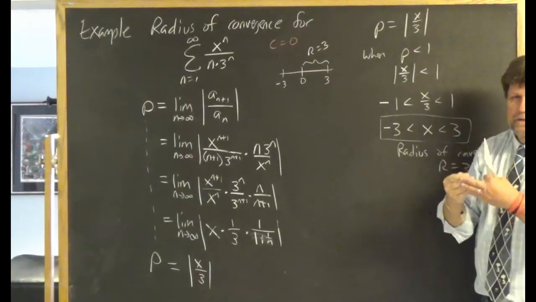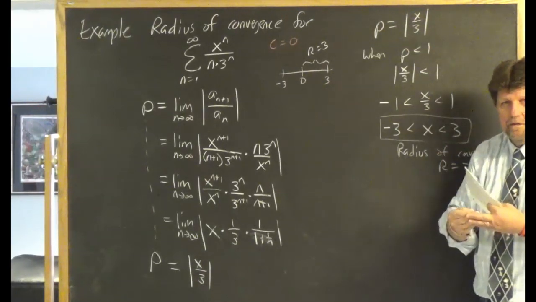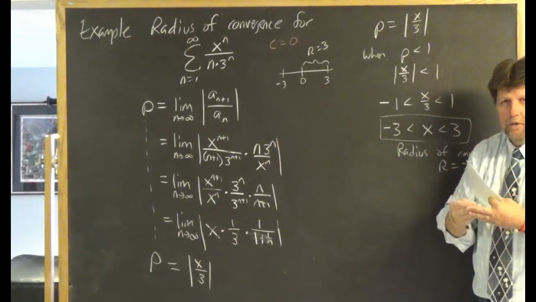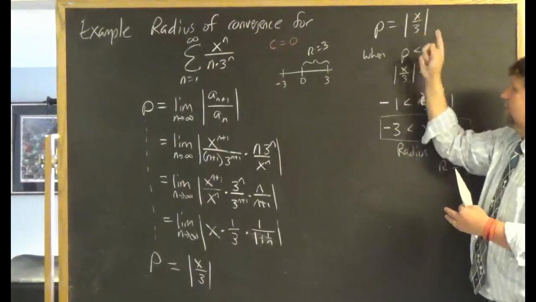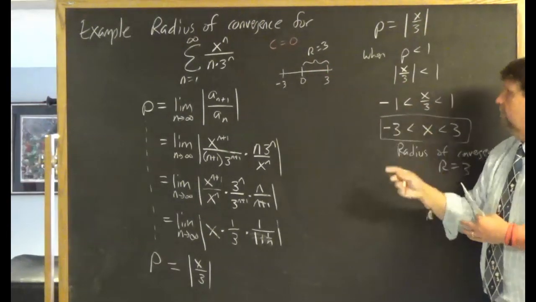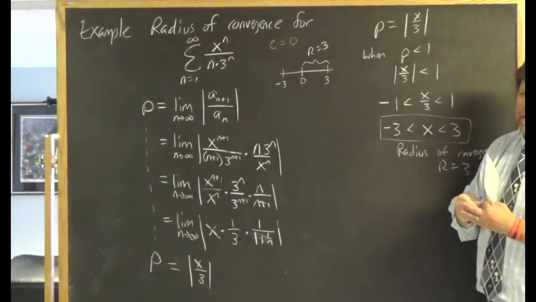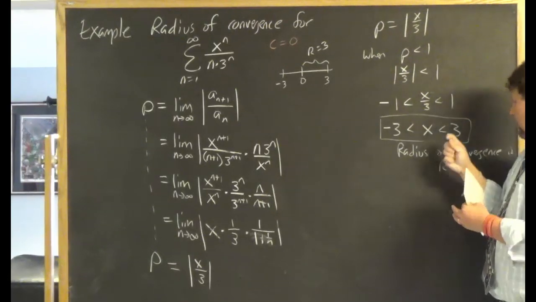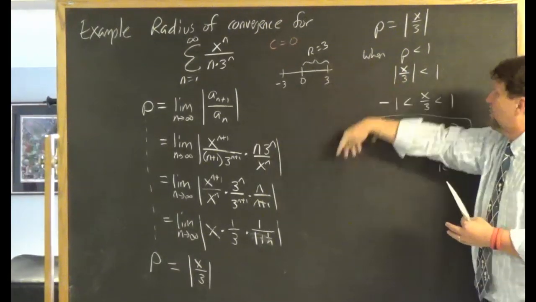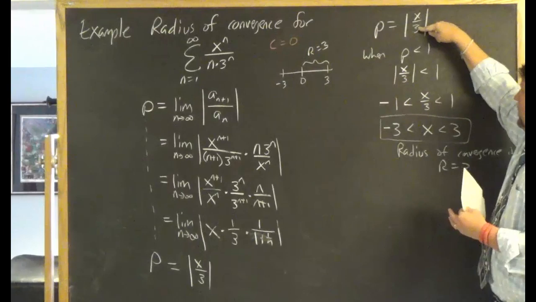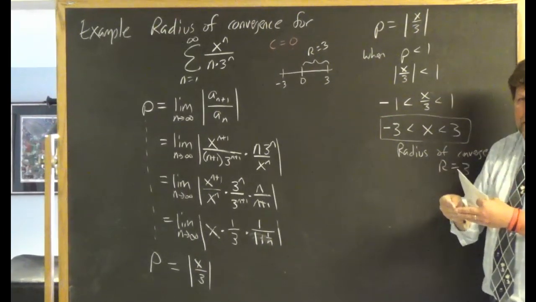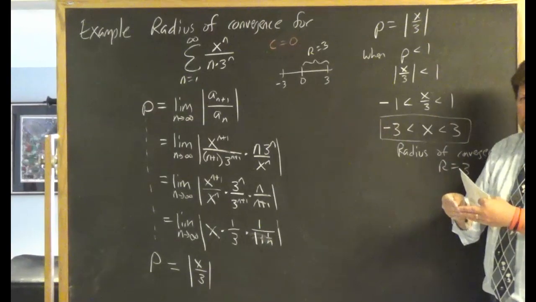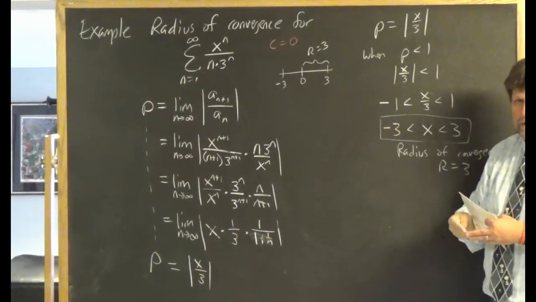Remember, the ratio test is inconclusive if p equals 1. So if -3 were in place of x all the way through, you're going to end up with p equaling 1, inconclusive. Likewise, if you put 3 in for the x, well, 3 over 3 is 1, you get p to be 1. The ratio test is inconclusive.